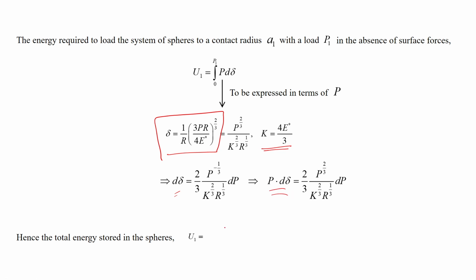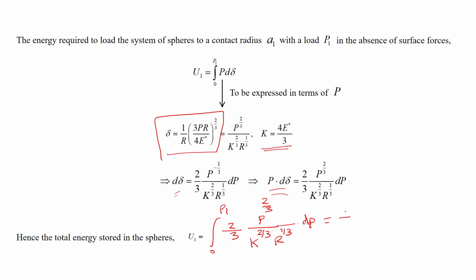So, P d delta is given as the integral from 0 to P1 of 2 by 3, P to the power 2 by 3, divided by capital K to the power 2 by 3, R to the power 1 by 3, into dP here.